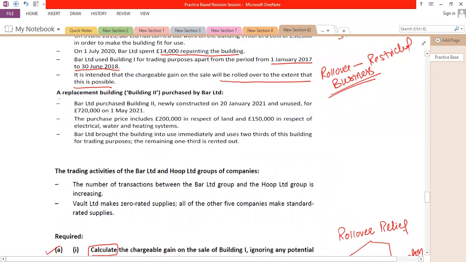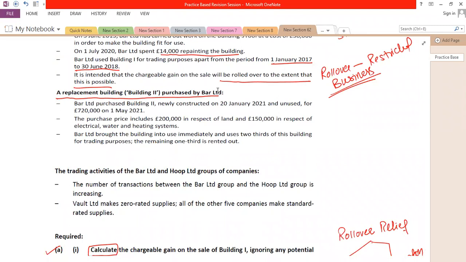A replacement building. We have this information: building 2 by Bar Limited. Bar Limited purchased building 2, newly constructed and unused, for 7,20,000 on 1st May. The purchase price includes 200,000 in respect of land and 1,50,000 in respect of electrical, water and heating system. Total cost is 7,20,000.